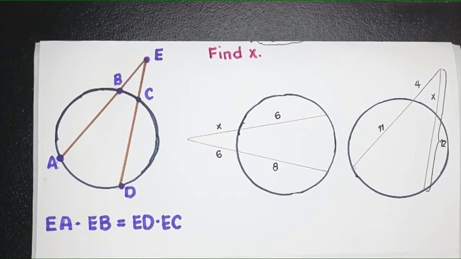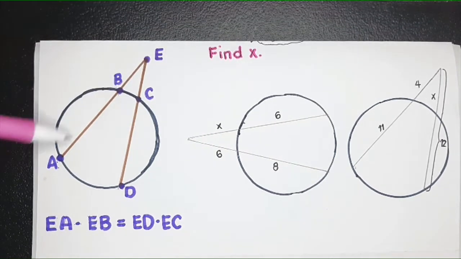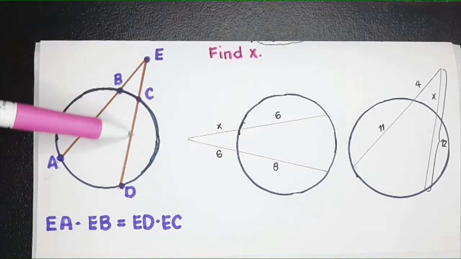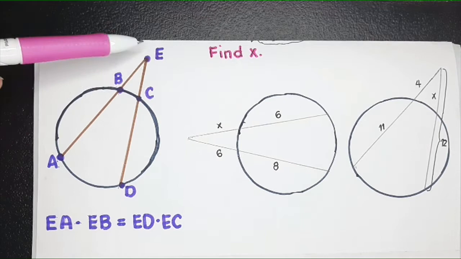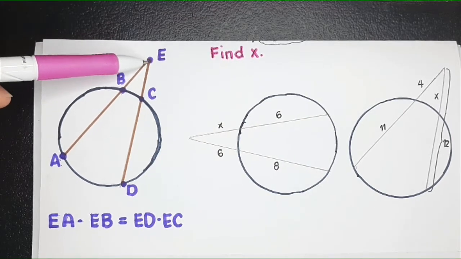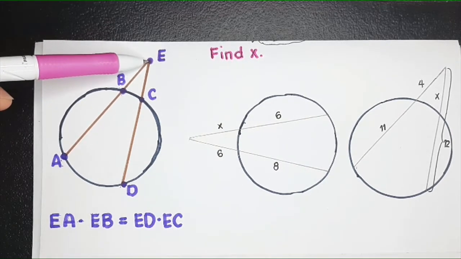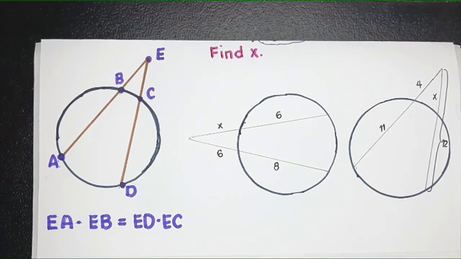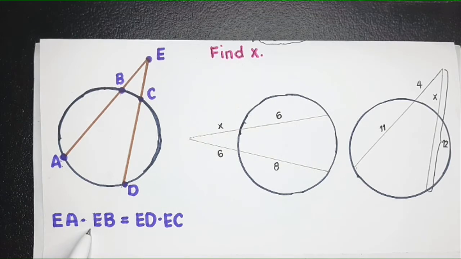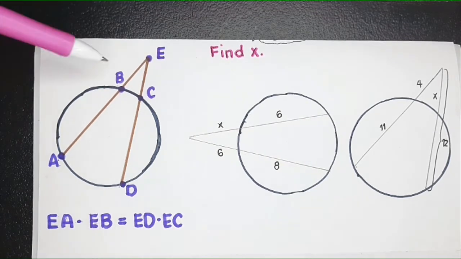Okay, lastly, we have this theorem on 2 secant segments. Very clear, no? Meron tayong dalawang secant segments na nag-intersect outside the circle. Okay? So, ano naman ang masasabi natin sa length ng mga line segments? Eto. Okay? EA, where's EA? Here.